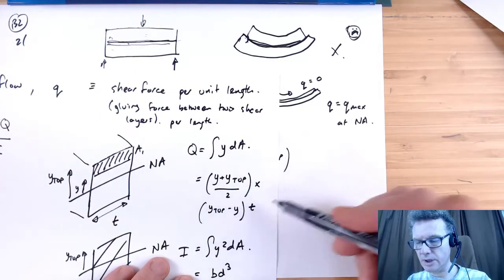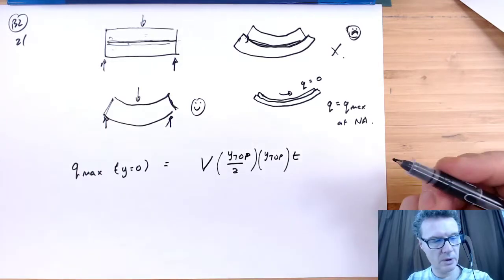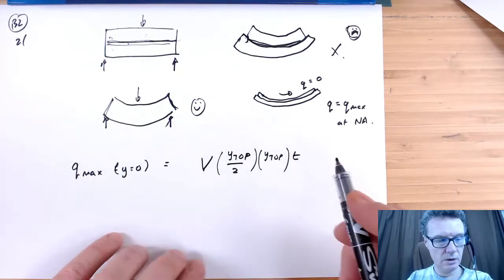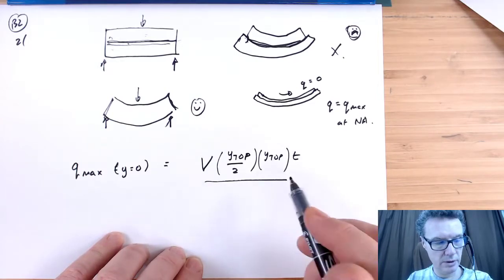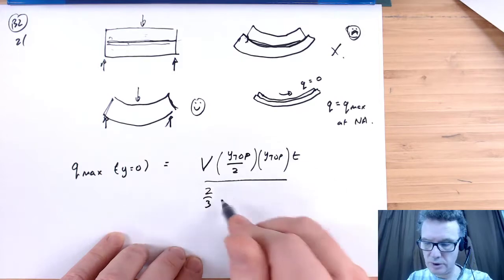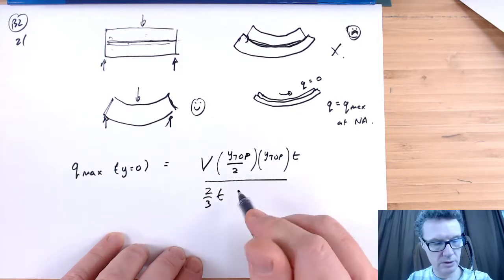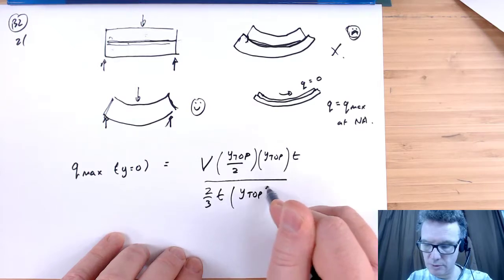Oh yeah, because it's the area, sorry. Times T, divided by I, which is 2/3 T y top to the power 3.